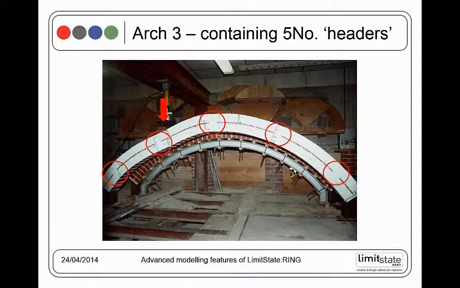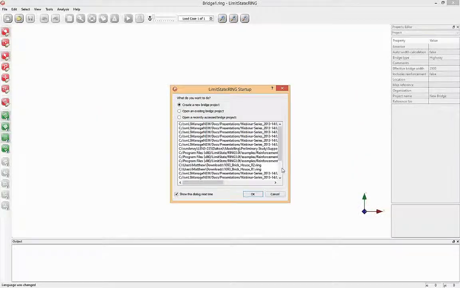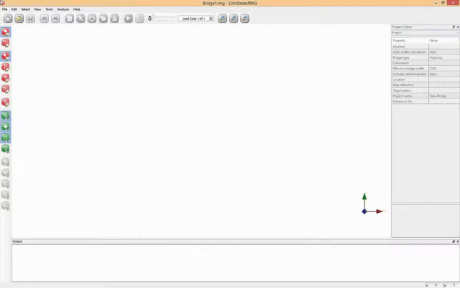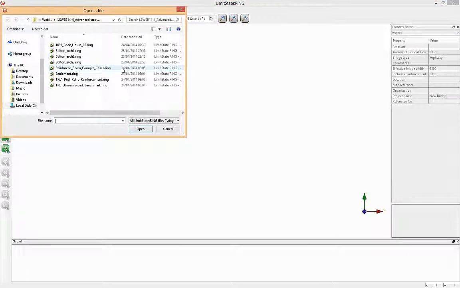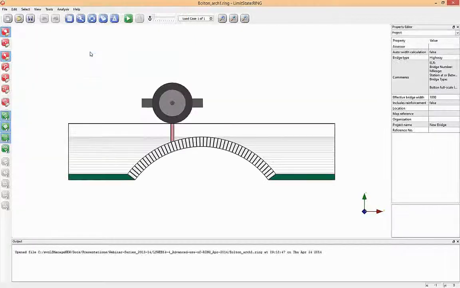So what I'll do is start the software, and open Bolton Arch 1 to start with. So this is the first arch rib.